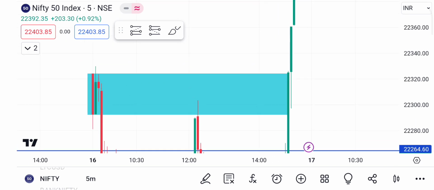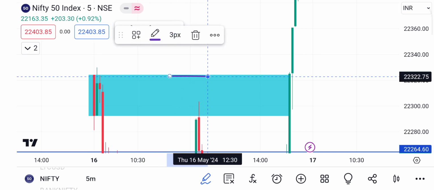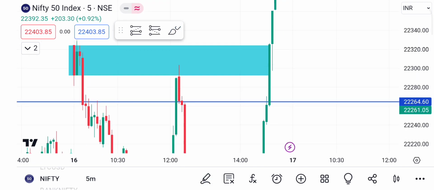So you should know, because I keep my stop loss basically here. If it goes above this line, then I will think that okay, it's time for me to exit. Now you can plan your stop loss accordingly.